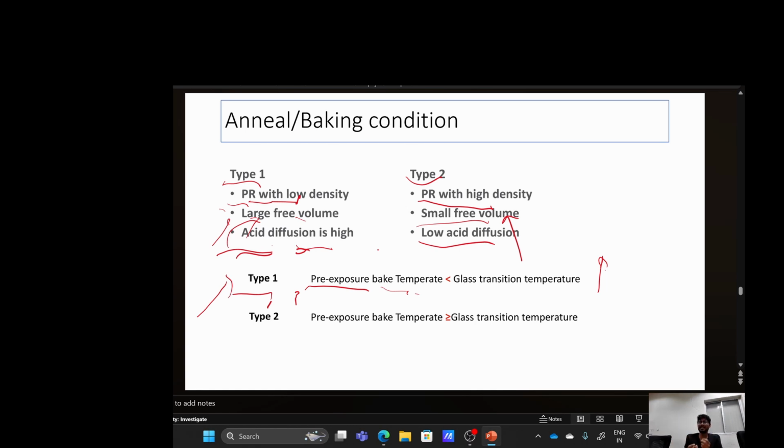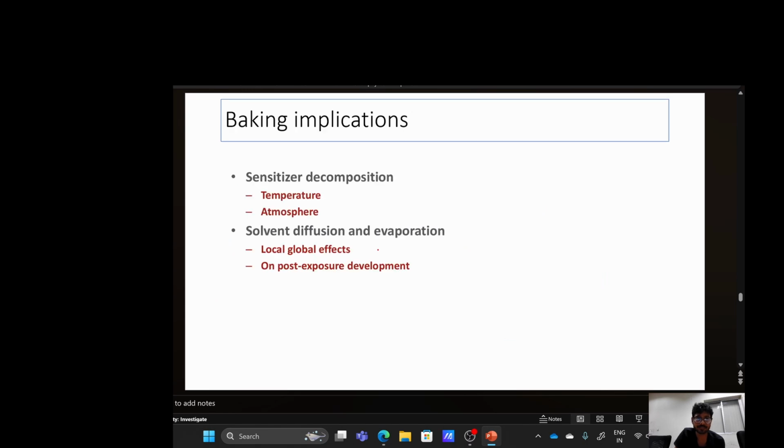At the glass transition your photoresist turns glassy, and it can compact when you bring the temperature down. For type 2, the pre-exposure bake temperature should be greater than or equal to the glass transition temperature, because there is already very little free volume. It should turn glassy so that the solvent can get evaporated easily during the pre-exposure bake.